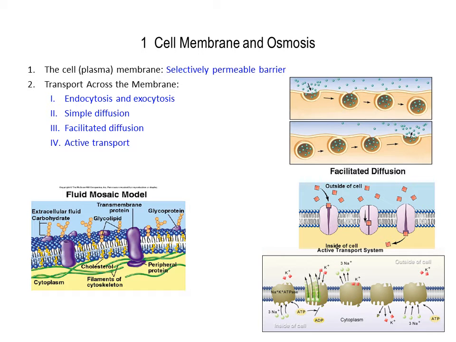So at the outset you should be aware that there are 4 different kinds of movement of solutes or molecules across the plasma membrane, and they're cartooned here.